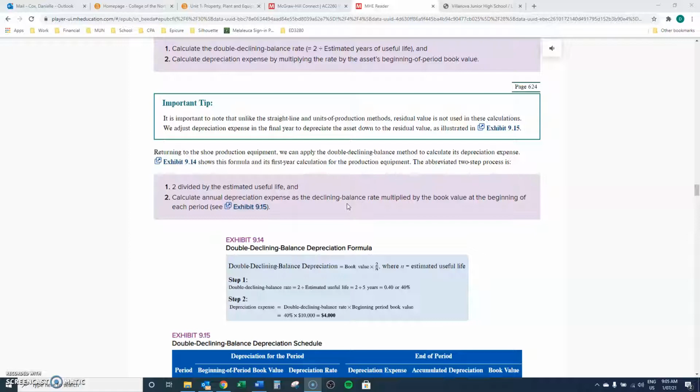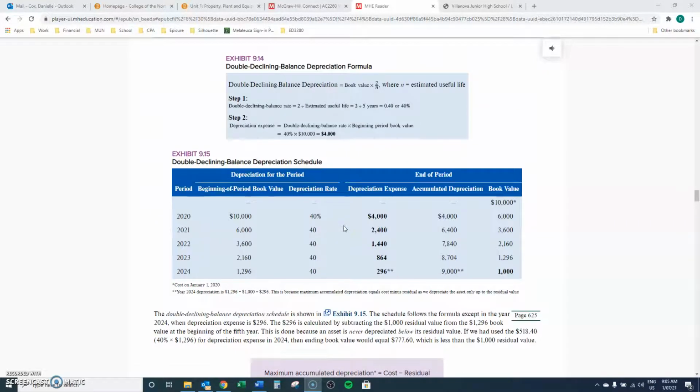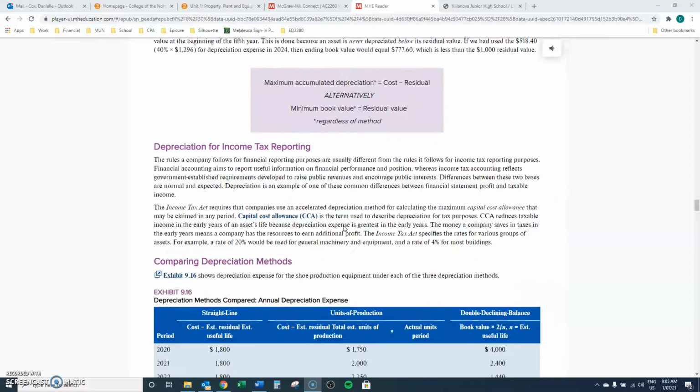So in period 1, the book value is the cost, and you multiply it by this rate. In period 2, you would take the book value less the accumulated depreciation, so whatever the depreciation was in year 1, and then you would multiply that balance by the rate. And in year 2, you would continue on, the book value less any accumulated depreciation multiplied by the rate. And then, like I said, work through those examples.